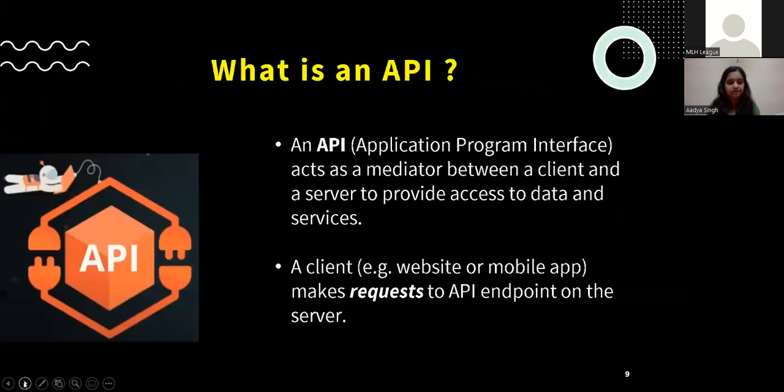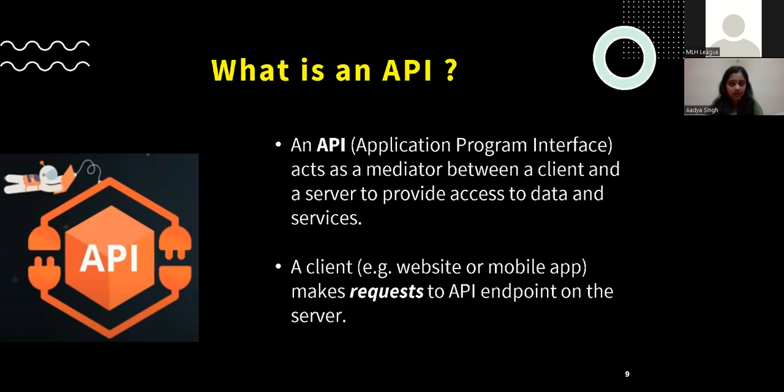So what is an API? Let's understand this in a bit more technical form. As I already told, API stands for application programming interface. It basically acts between the client and the server to provide access to data and services.